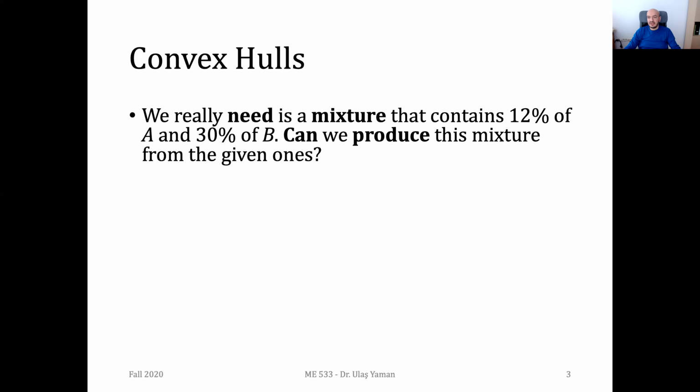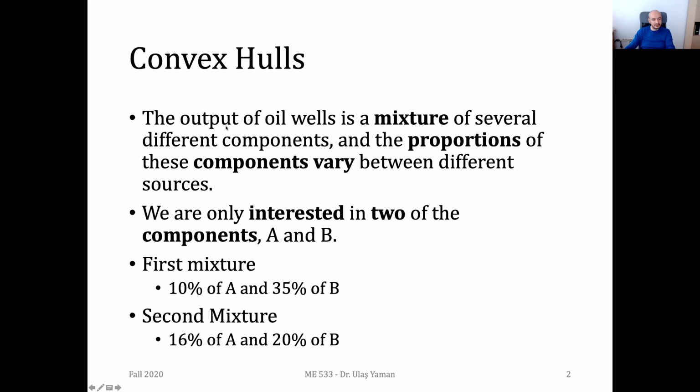So what now? The question is, can we obtain a special mixture in which we have 12% of A and 30% of B? Can we obtain such a mixture by using the first and the second oil wells, to obtain such a specific ratio, 12 for A and 30 for B? So now let's go back to our previous observations.